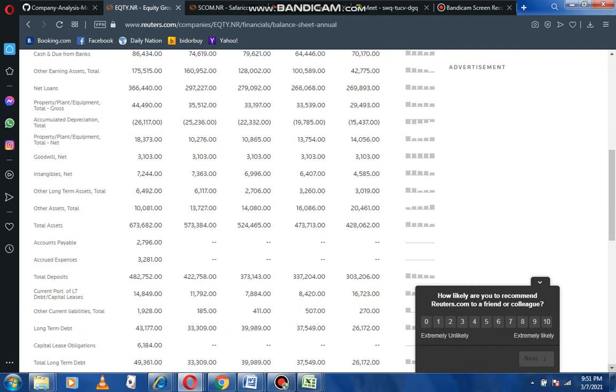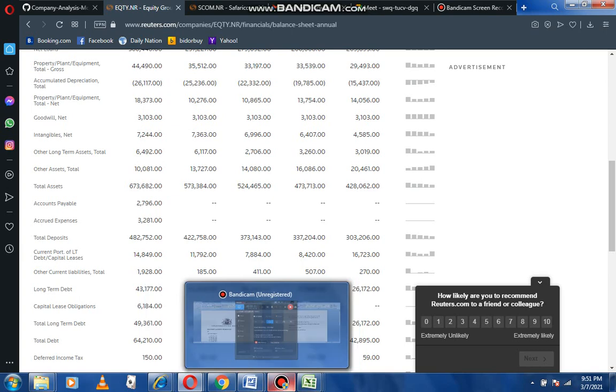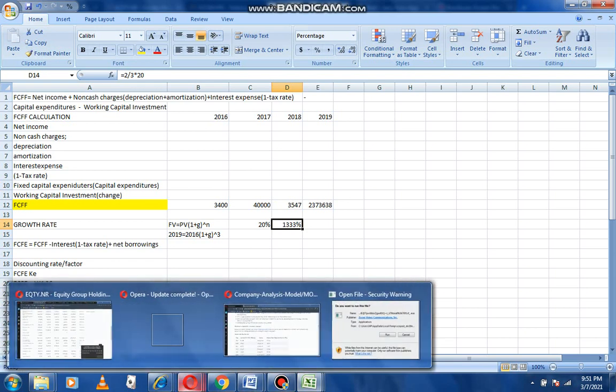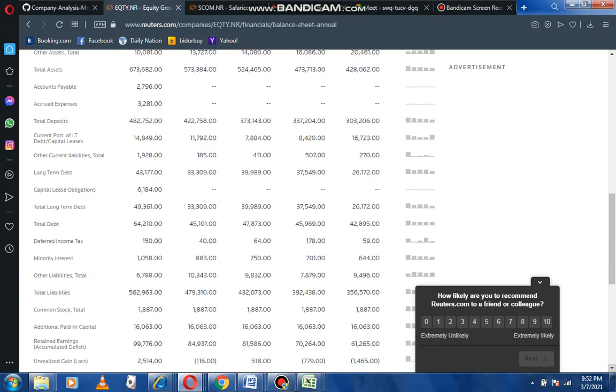Here we have our long-term debt. We have the long-term debts, capital obligations, total long-term debt, and the total debt. So our formula needs net borrowings, meaning net of tax.